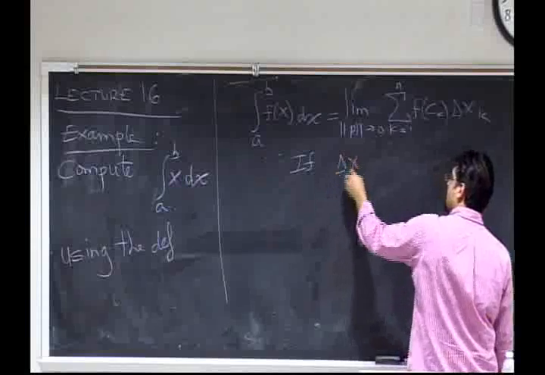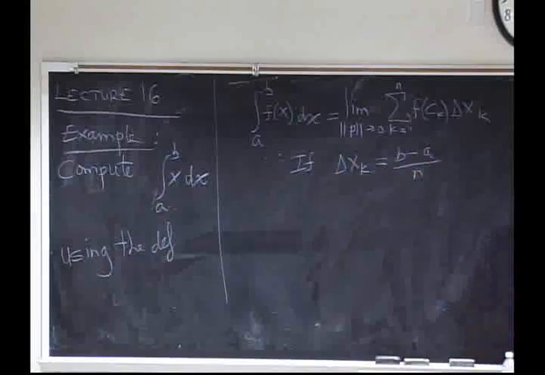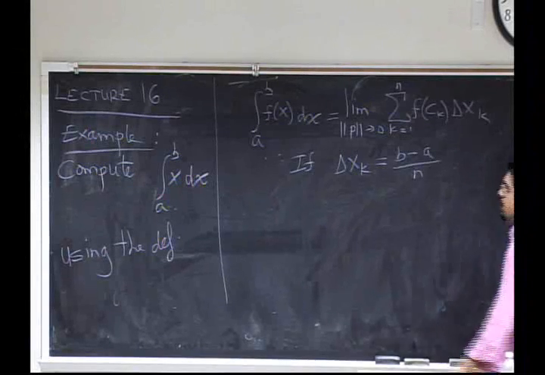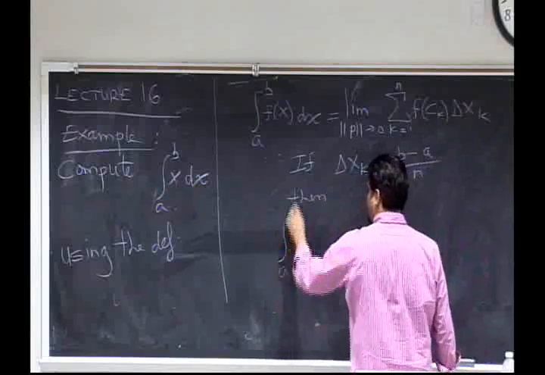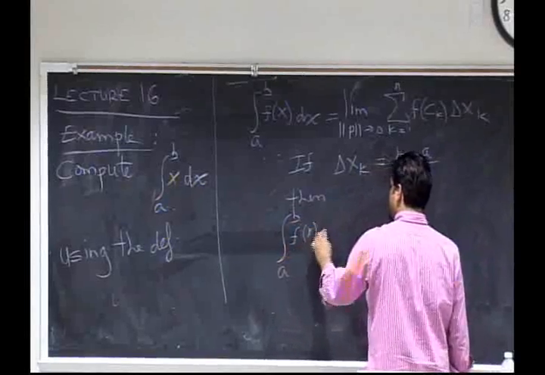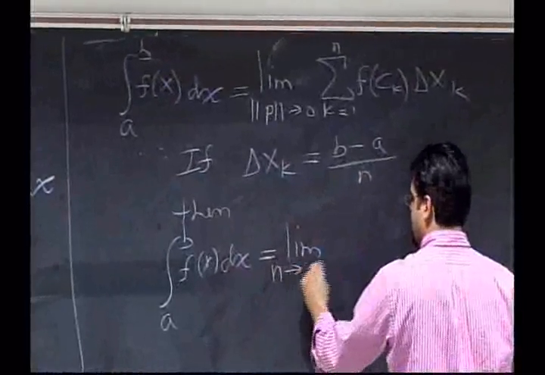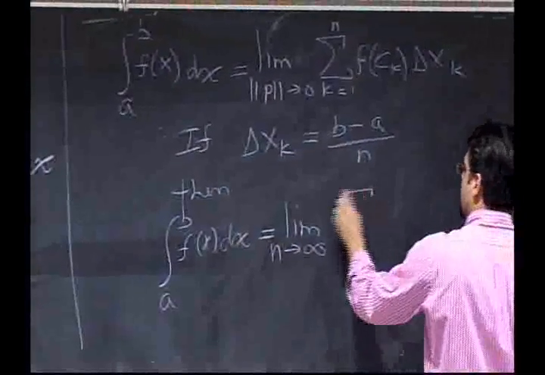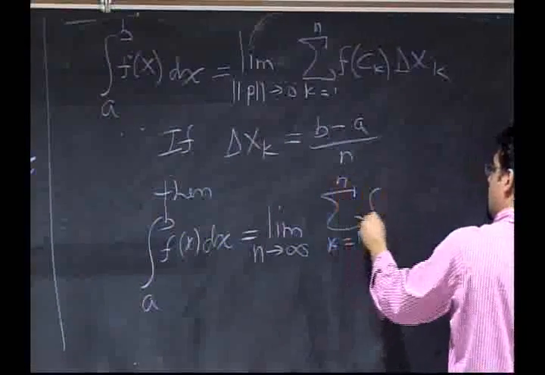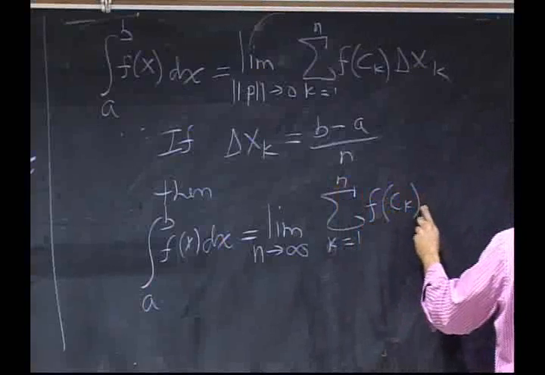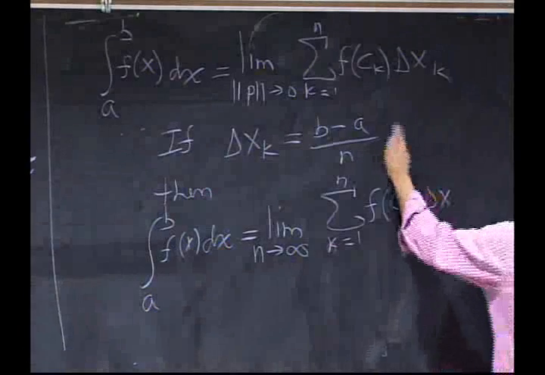Now, if delta x_k is equal to (b minus a) over n, so if we take equal subintervals, then the integral from a to b of f of x dx turns into the limit as n goes to infinity of the sum, and then we can just write delta x because all the delta x_k's are the same.